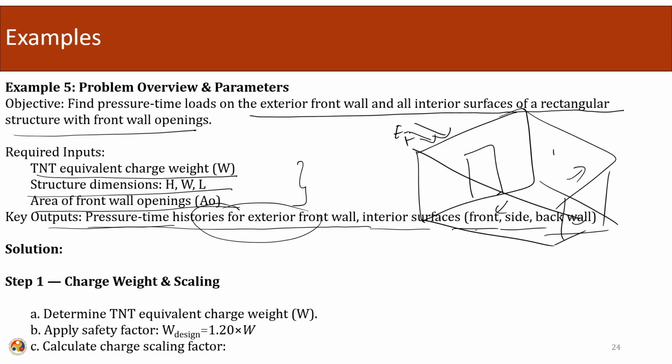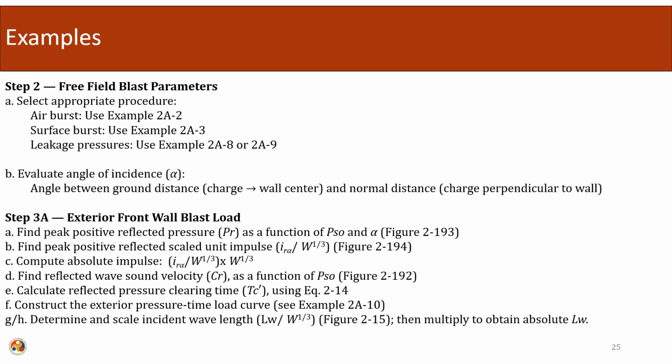So, we will start as before, we will take the charge. First of all, we need to determine the TNT equivalency. If nothing is specified, we increase it by 20% and we get the equivalent weight. Second step is to calculate the free field blast parameters.